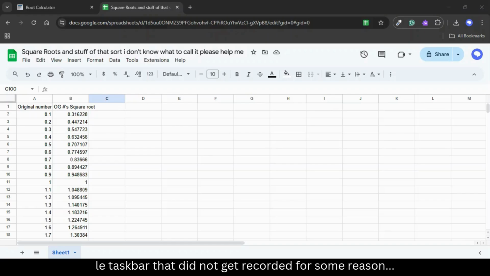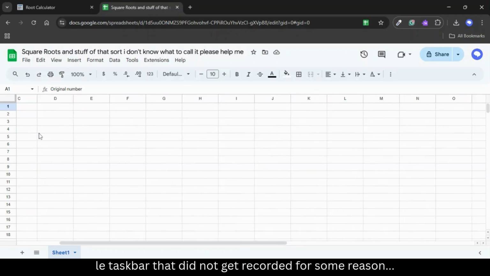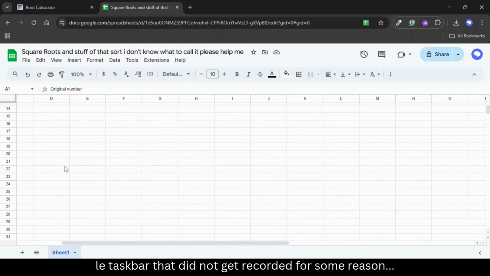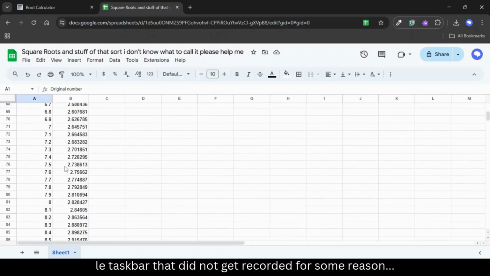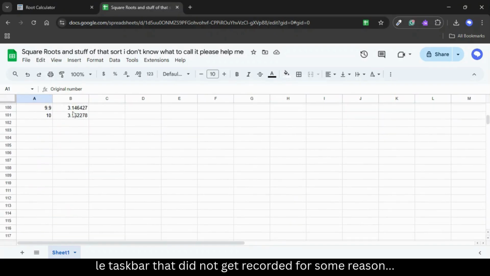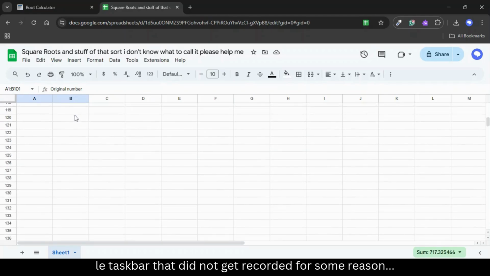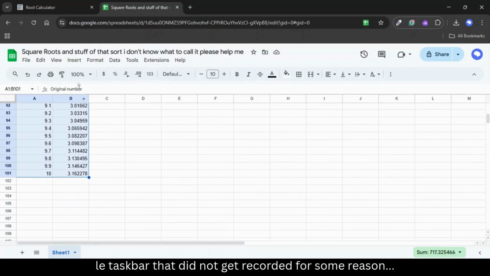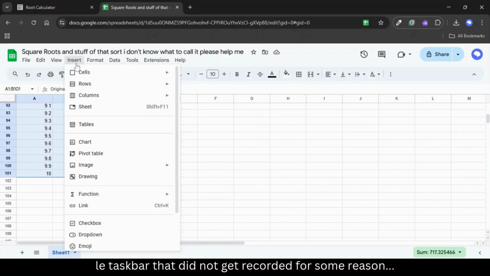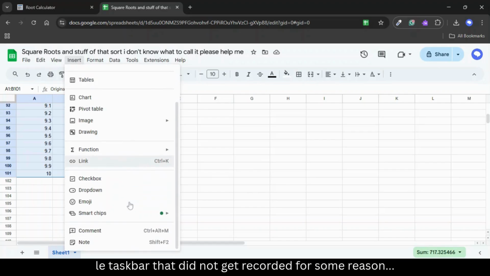Oh yeah, right, patterns. So I guess I'm not an expert on how to use this. I think I just highlight all this and insert drawing. You could do that.